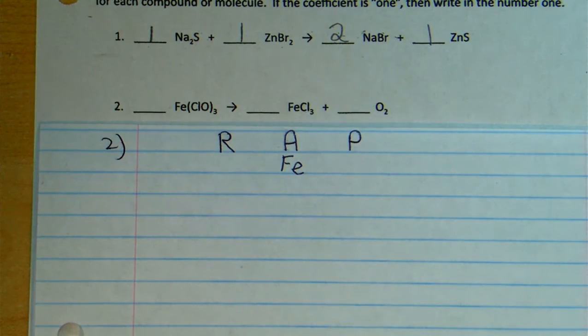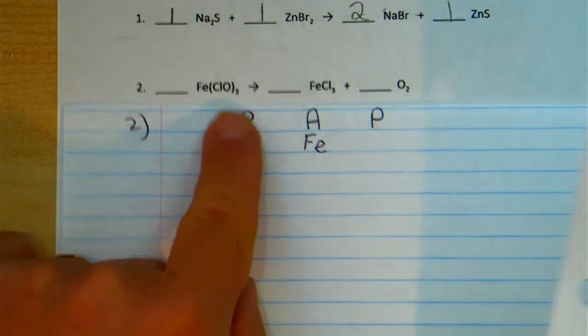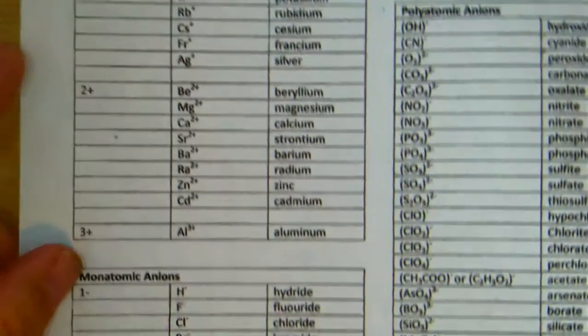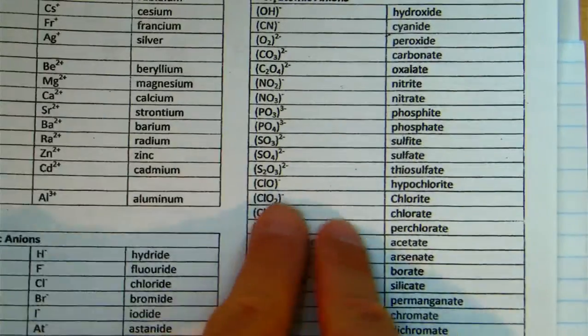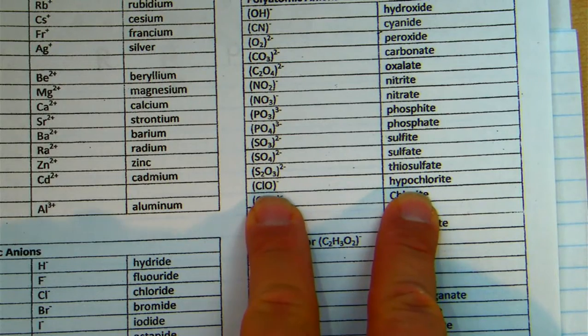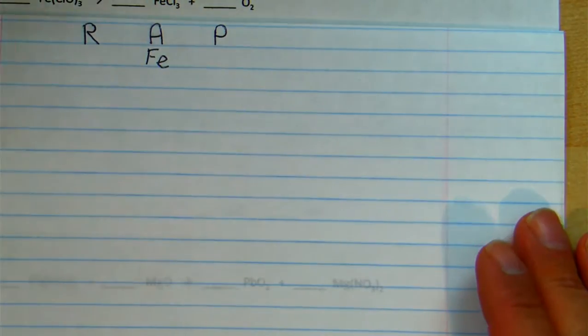So if I take the trouble, and right now I will, to look up the polyatomic ion named ClO, I see on this list ClO is named hypochlorite.